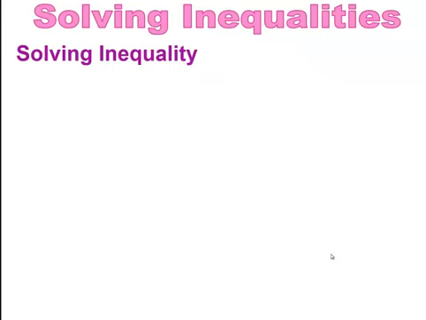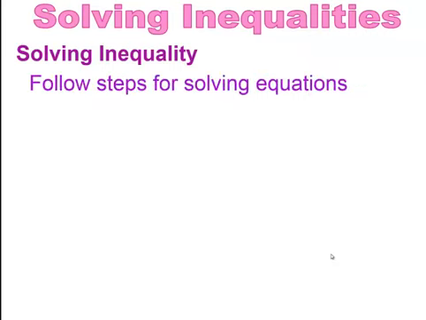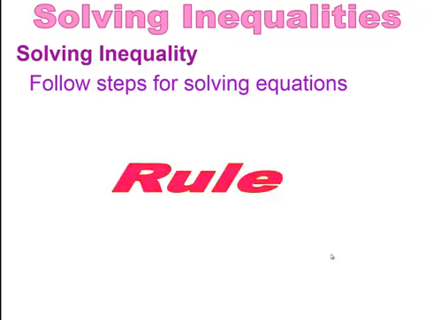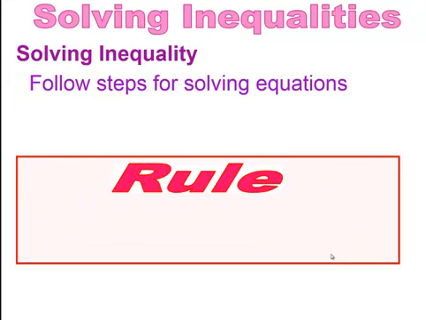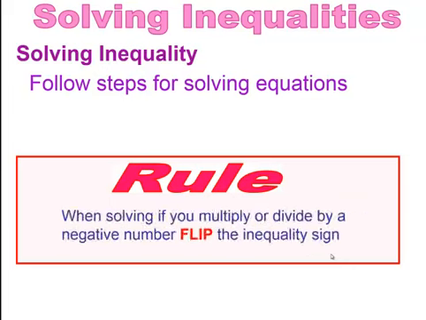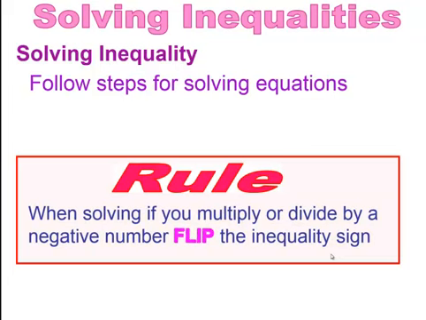So now when we're talking about solving inequalities, you follow the same steps as solving an equation. We're using the same steps to solve inequalities that we did with equations, but there's one rule that we need to understand: when you solve, if you're multiplying or dividing by a negative number, you're going to need to flip the inequality symbol.